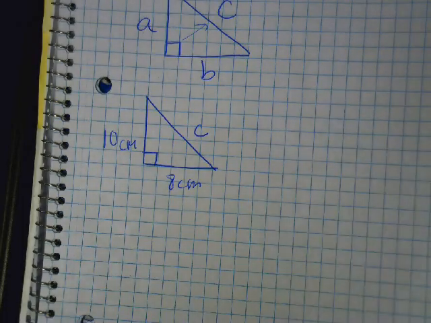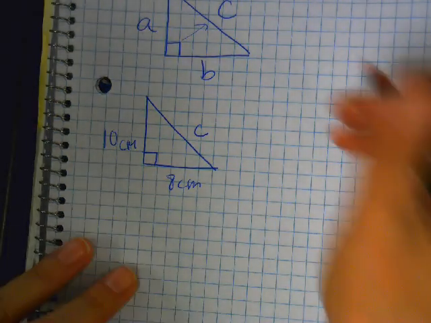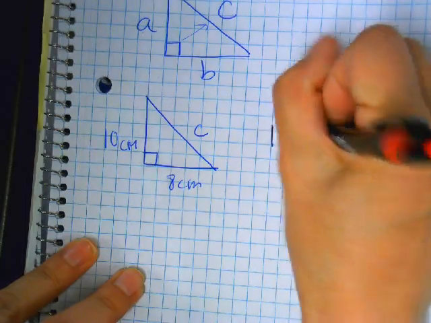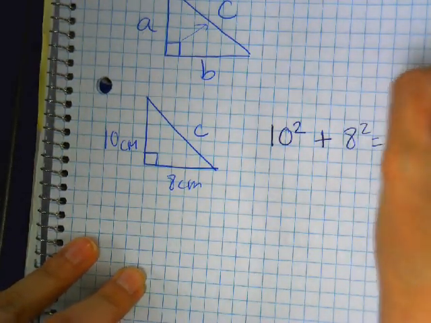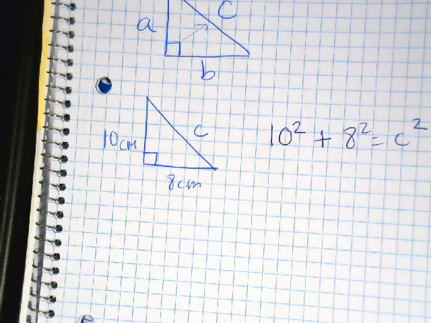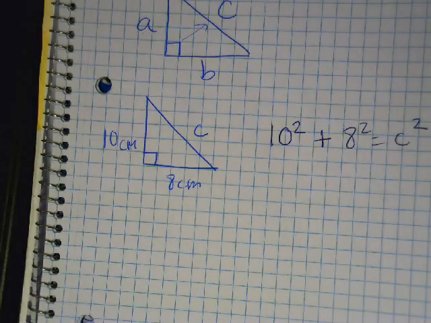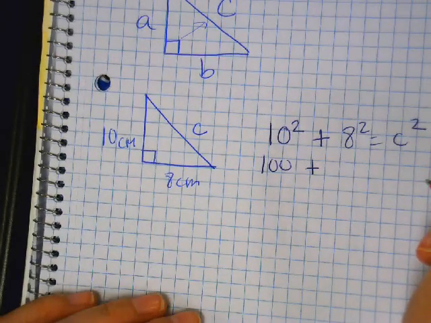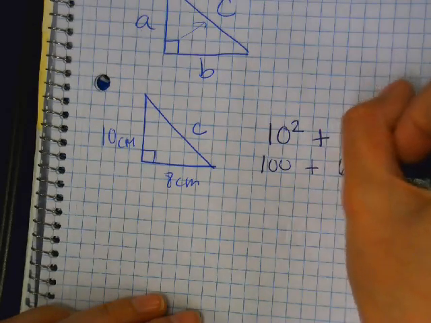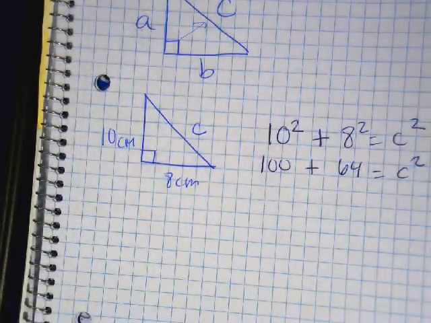What's A? 10 squared. So 10 squared plus, what's B? 8 squared equals C squared. Okay, so far, the exact same thing from yesterday. What is 10 squared? 100. 100 plus, what's 8 squared? 64. Equals C squared.